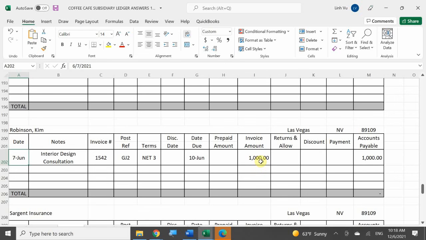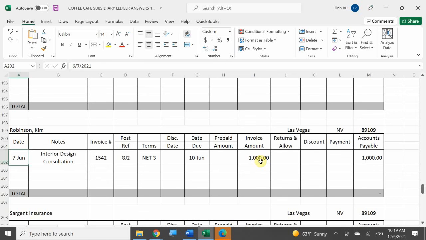So again, your subsidiary ledger is a very powerful thing because it allows you to see who you owe, how much you owe, and the exact details of what that invoice entails. For example, right here it tells you that you were billed because she did some interior design consulting.